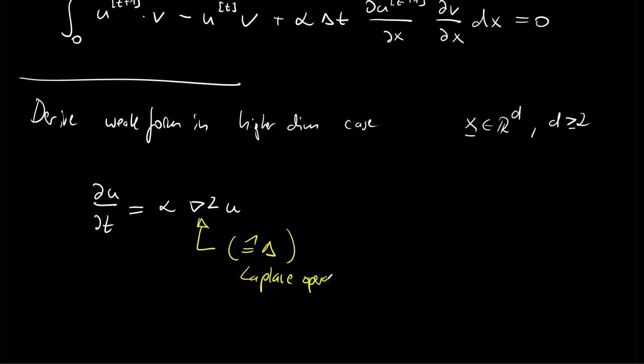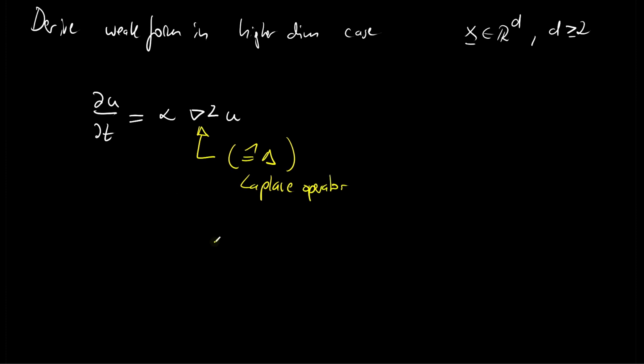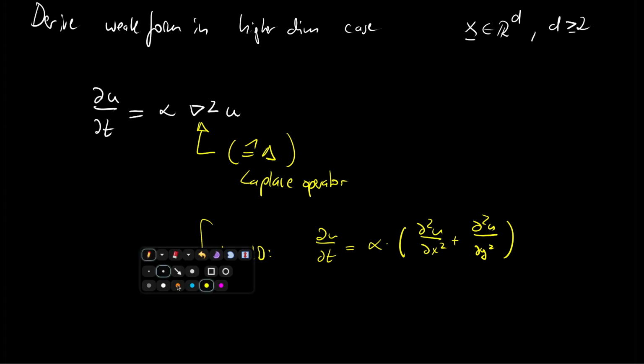For instance, in the two-dimensional case, you would have du by dt is alpha times the second derivative of u with respect to x plus the second derivative of u with respect to y. So this is just a handy collection of second derivatives. If we had a third dimension, it would be the second derivative with respect to z, and so on and so forth. But the steps, as said, will stay the same.